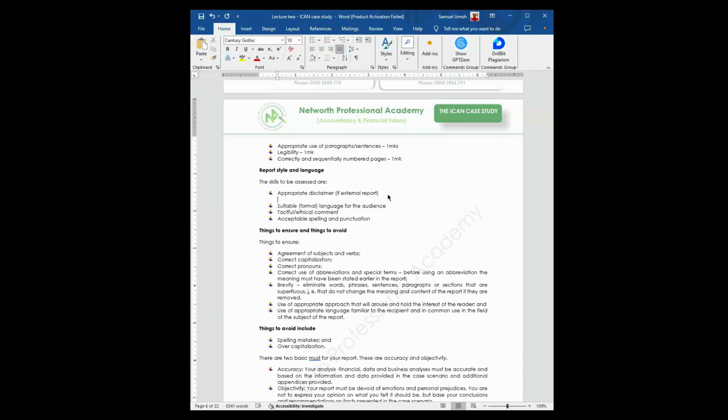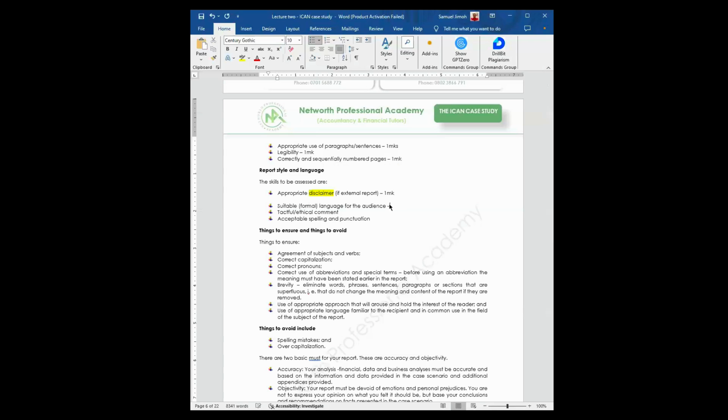After the whole report from the firm, the firm will send the report to the client. Now, in this scenario, you will be writing an external report. And because it is an external report coming from the firm, you have to include an appropriate disclaimer in the report. If you do this, that is 1 mark in the exam.